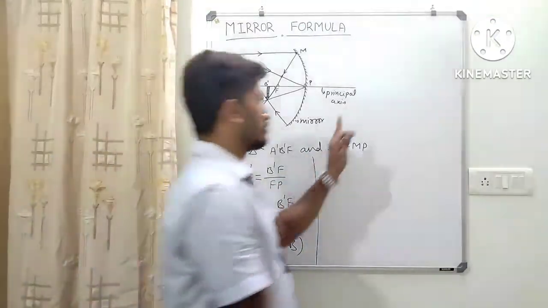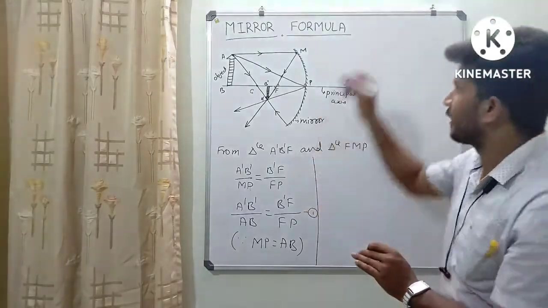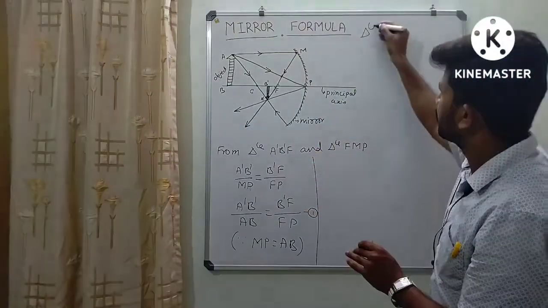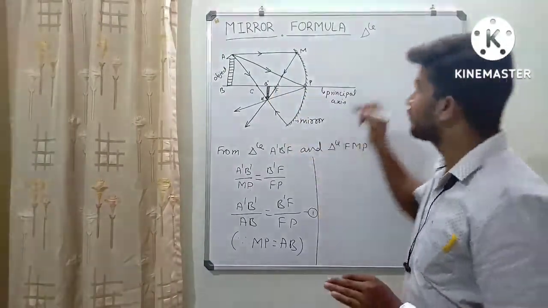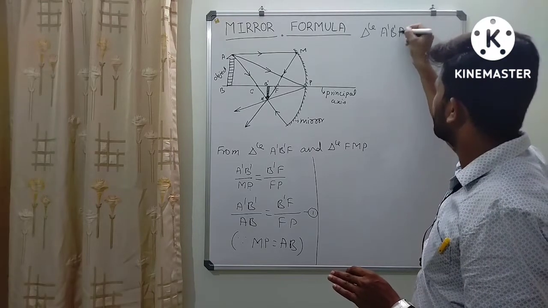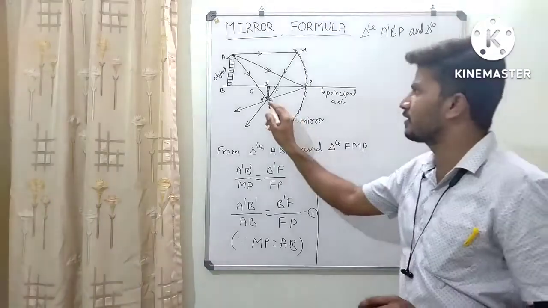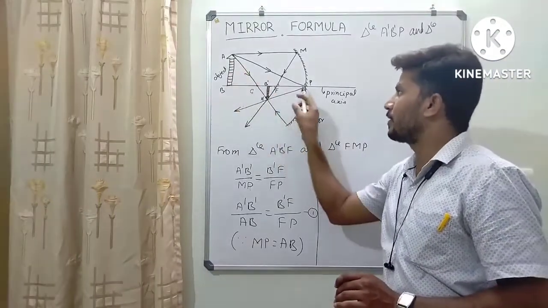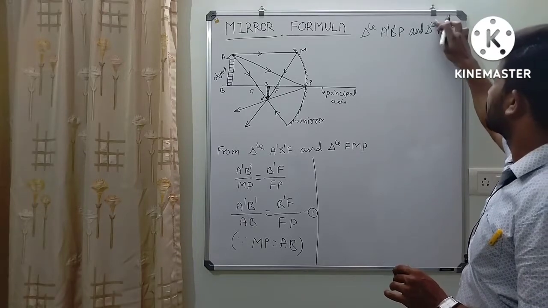Now I am going to write here. Let us consider the triangle A dash B dash P and triangle ABP.